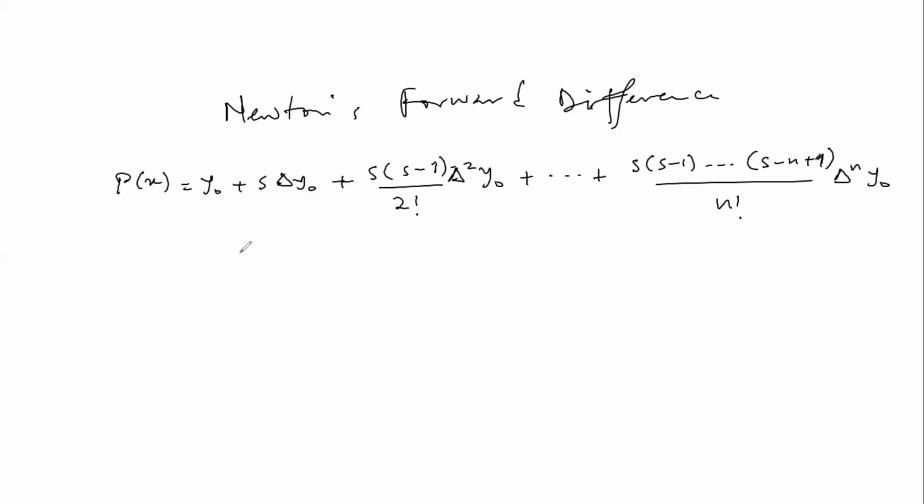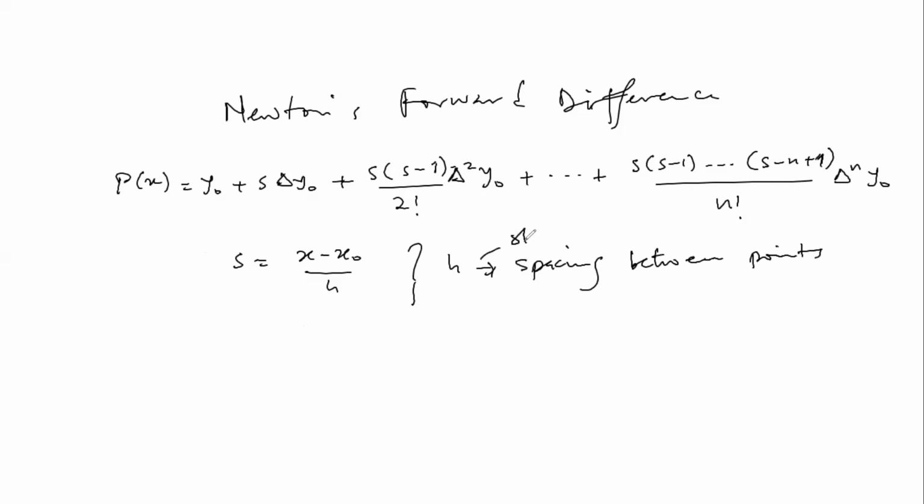Here S is the same as X minus X naught over H, where H is the spacing between points, which you can also call the step size.